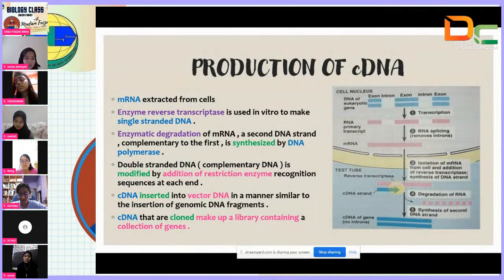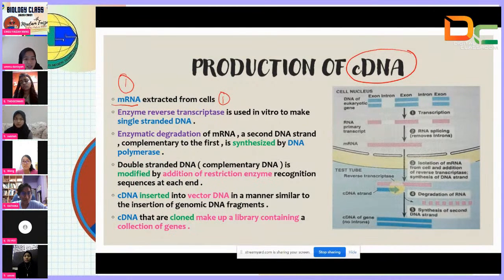First, what must we have? How to produce cDNA? First, we must have the mRNA as a template. So how to synthesise the DNA? Name the enzyme used. Enzyme reverse transcriptase. Yes.